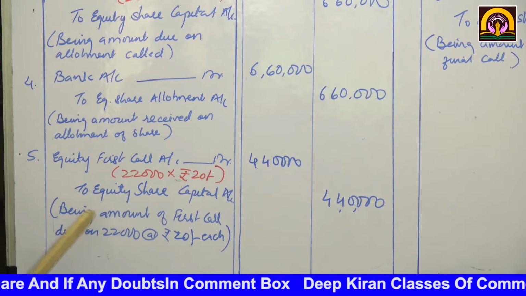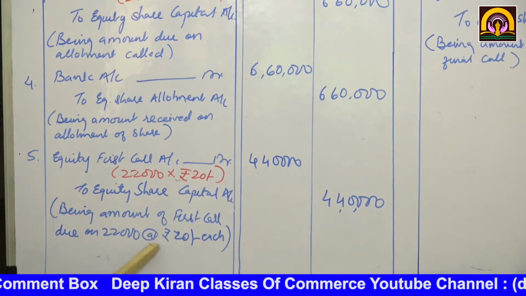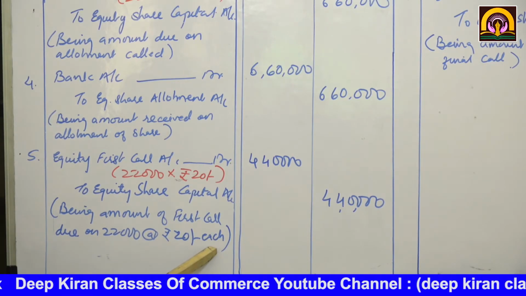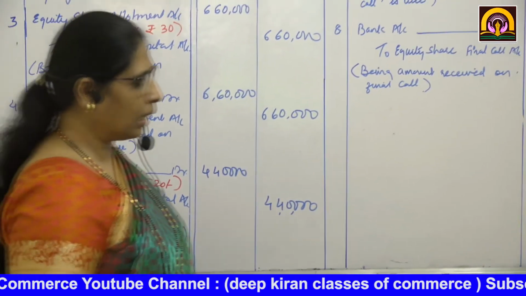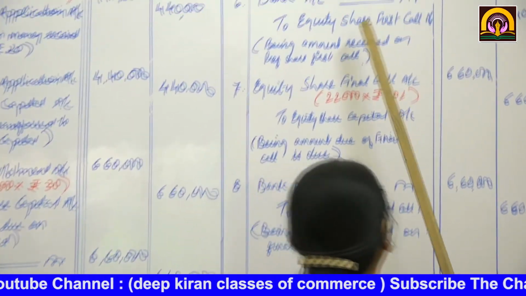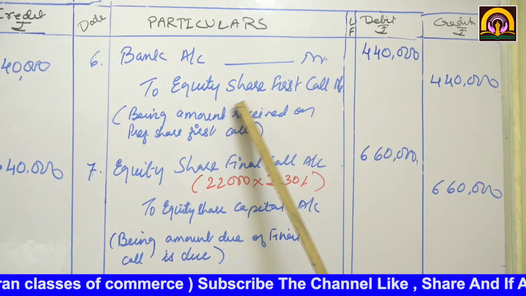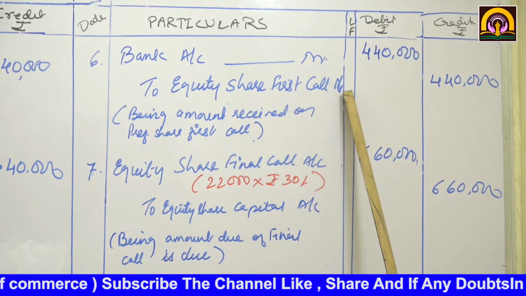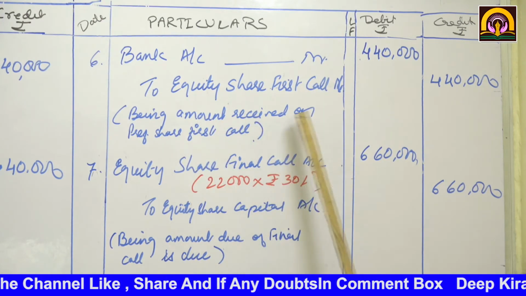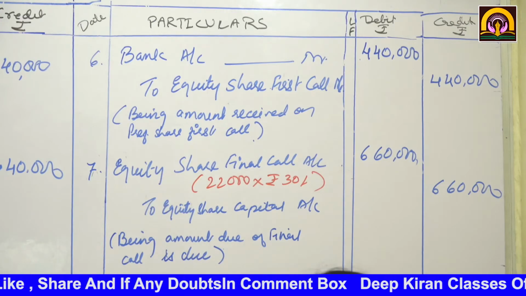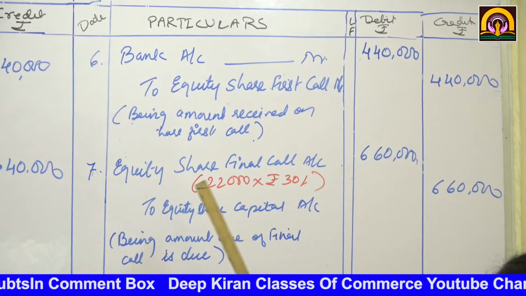Being amount of first call due on 22,000 shares at the rate of 20 each. Now this amount is also received by us. So bank account debit 4,40,000 to equity share first call account 4,40,000, being amount received on shares of first call.